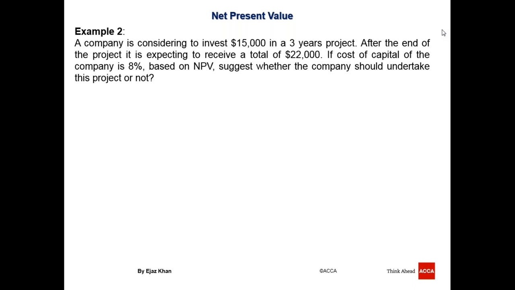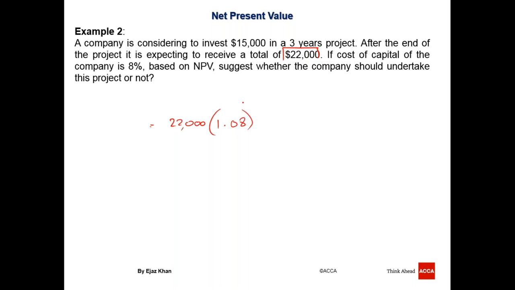Hi, I'm back. So the amount to be received in 3 years' time is $22,000. The rate of return required is 8%, so we'll put 1.08.